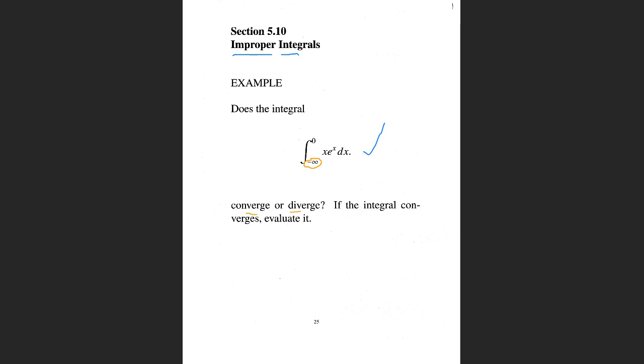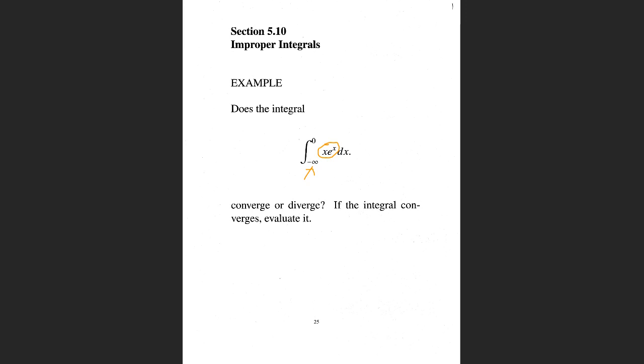Well, remember, this integral represents area underneath a curve. Actually, we could call it the area between the function x times e to the x power and the x-axis. But our lower bound is negative infinity.